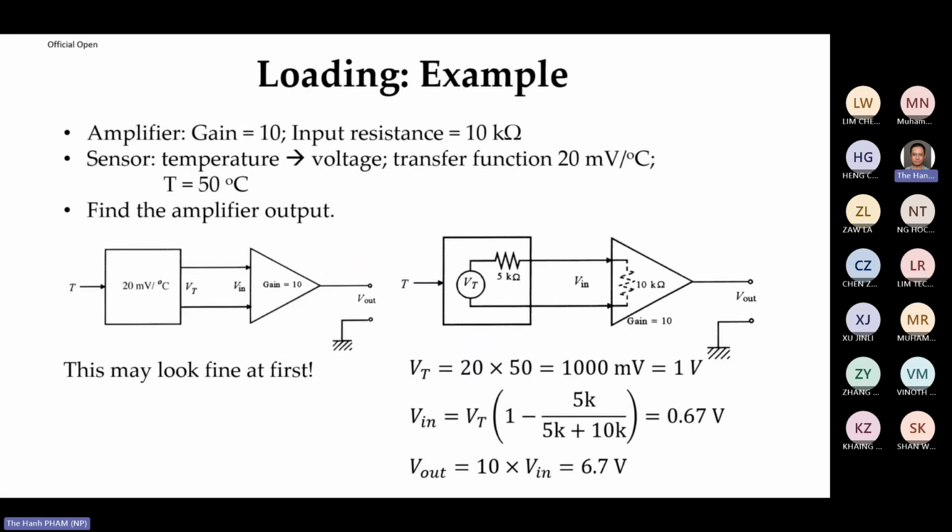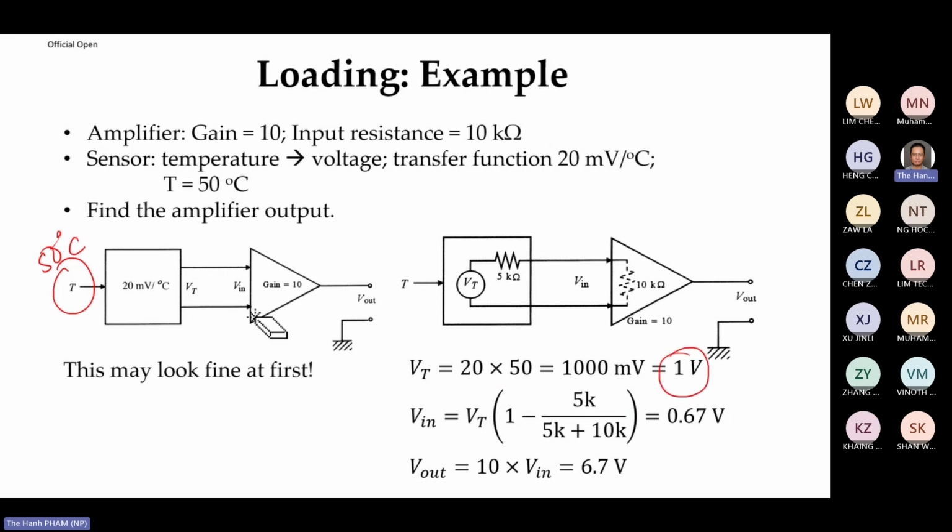Right, so here's another example. Suppose you have a temperature sensor and you have 20 millivolt per degree Celsius. So if the temperature here is 50 degrees Celsius, then the voltage you get at this point should be 50 times 20, which is 1 volt.